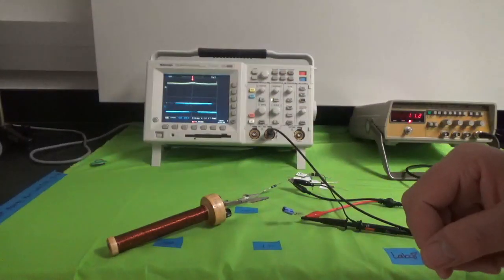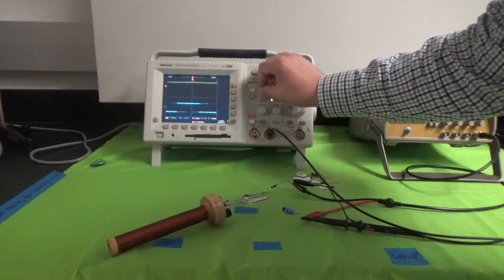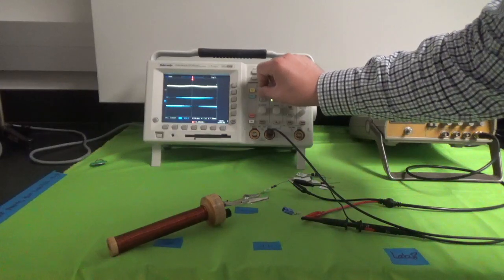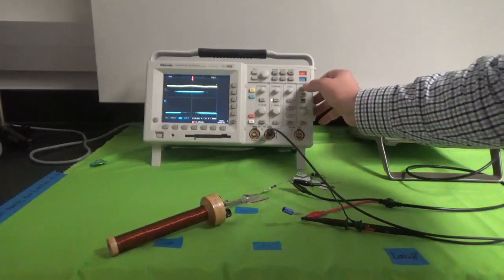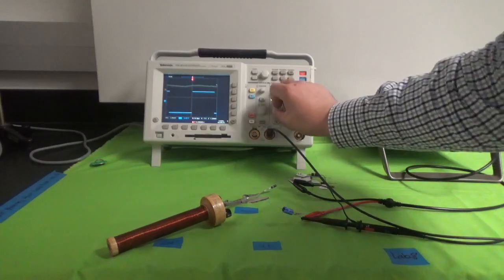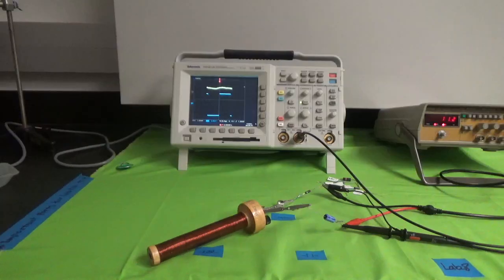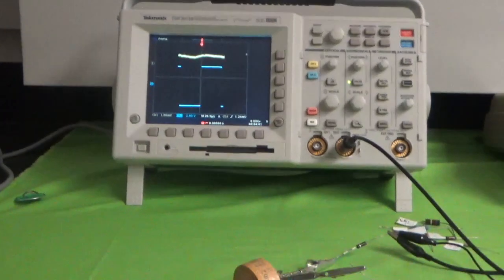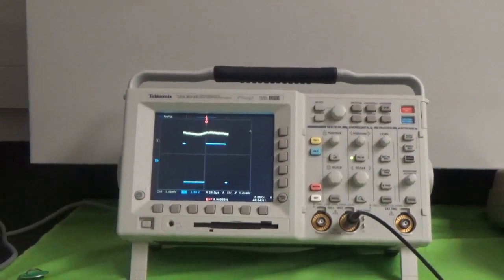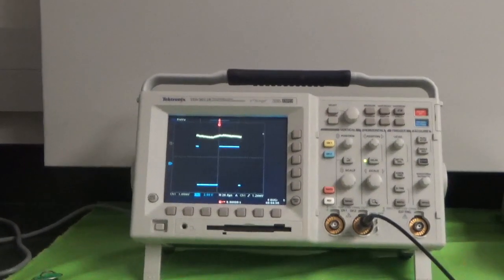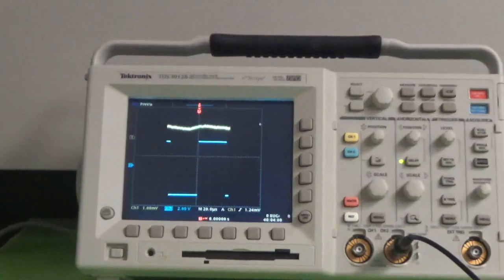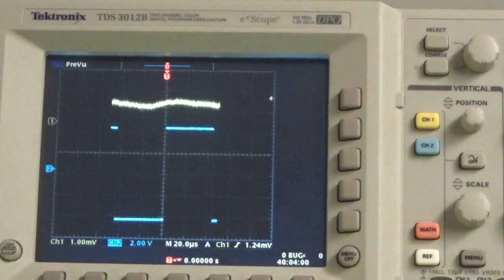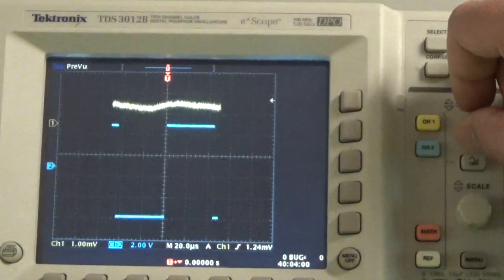It is not stable, but we can have it stable, as you can see right here on the oscilloscope.